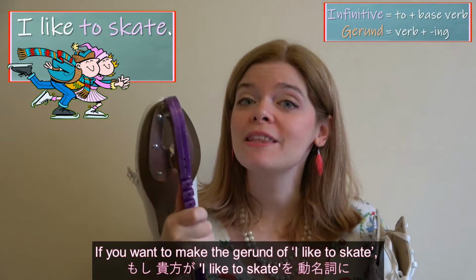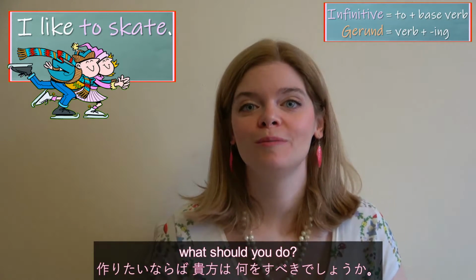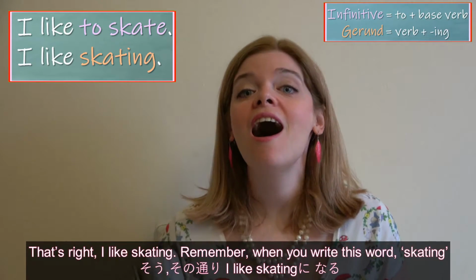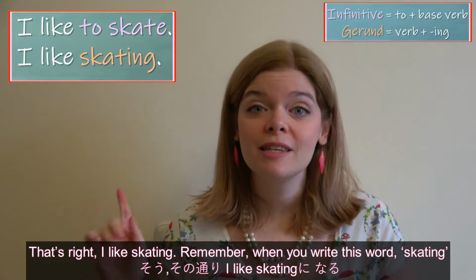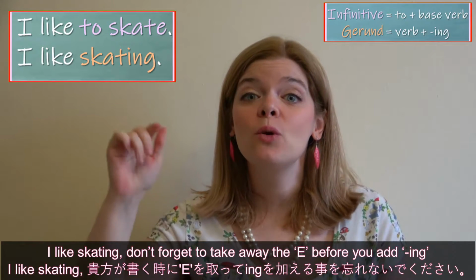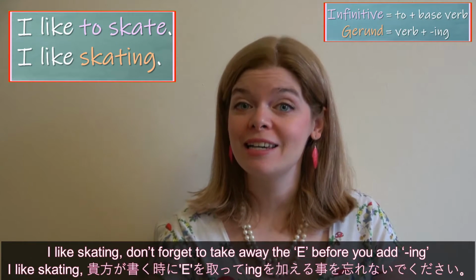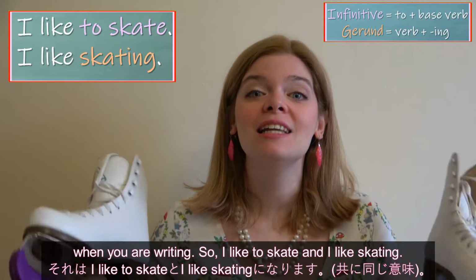So if you want to make the gerund of I like to skate, what should you do? That's right. I like skating. Remember, when you write this word, skating, don't forget to take away the E before you add ing when you are writing. So I like to skate and I like skating.